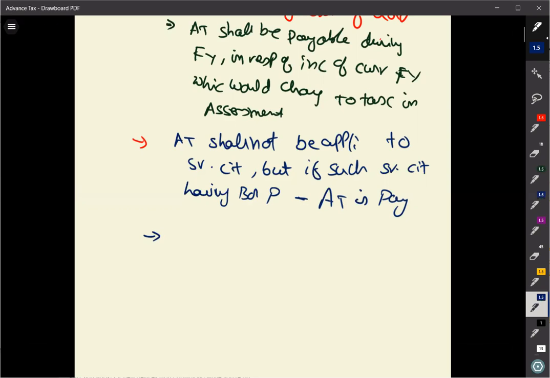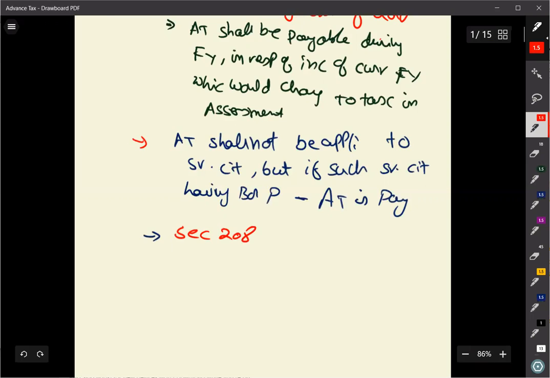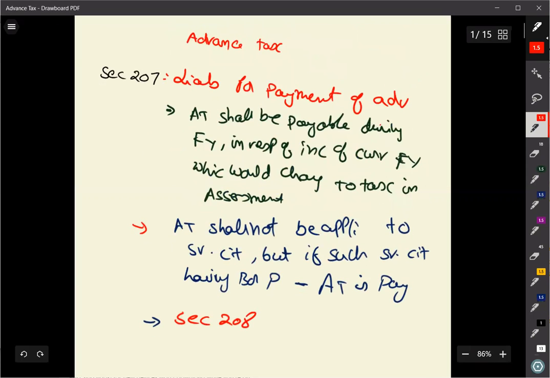Let us see. For this, we need to refer to section 208. Till now we have been covering section 207. Now to decide who needs to pay the advance tax, we need to refer to section 208. Advance tax shall be payable during a financial year where the amount of tax payable by the assessee is 10,000 rupees or more.